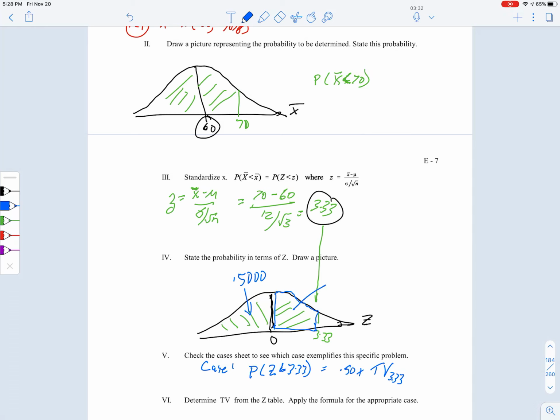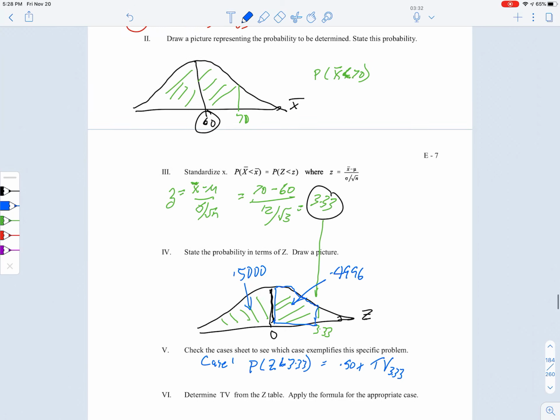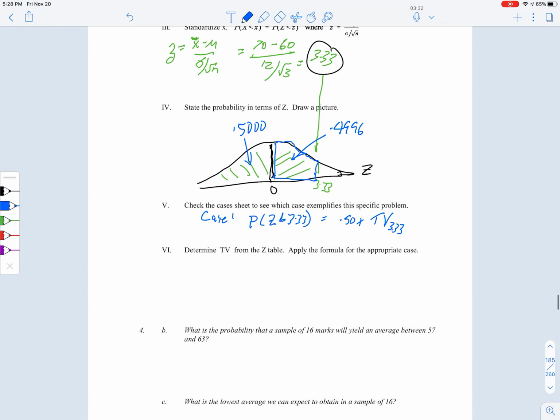And so this then is 0.4996. And so that's going to be 0.5 plus 0.4996, which is 0.9996. It's almost 100%.